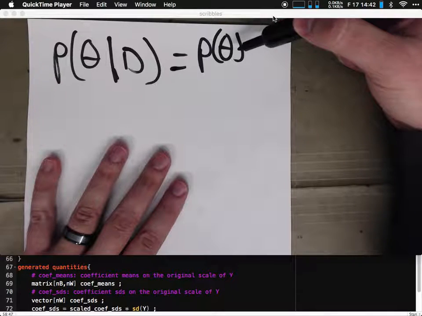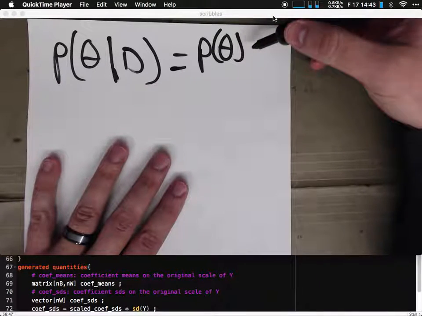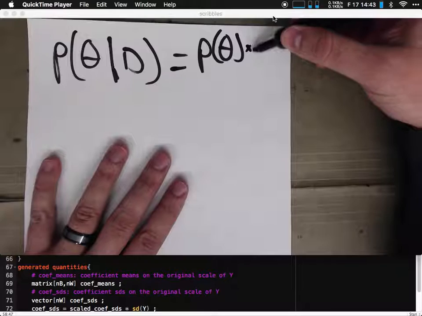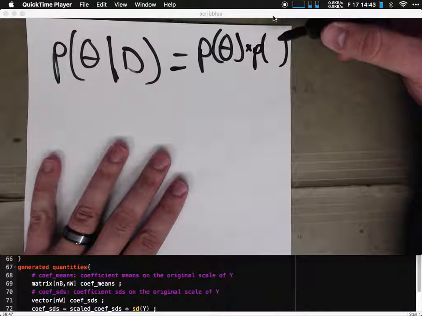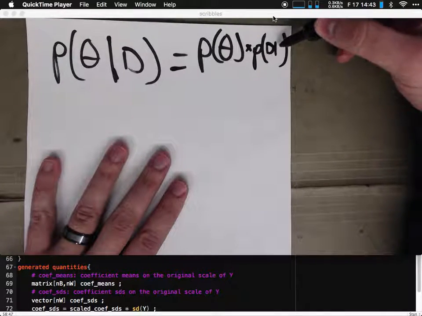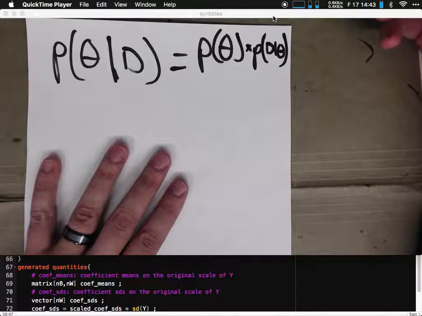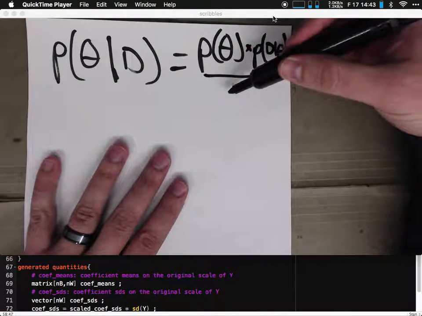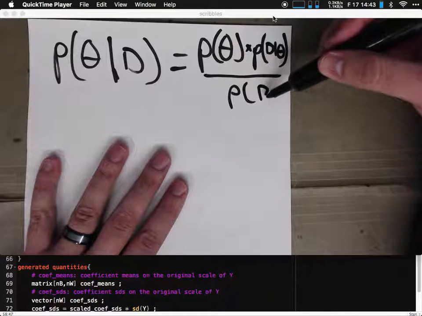So probability of parameters regardless of the data, times probability of the data given the parameters. And then all that gets divided by the probability of the data.